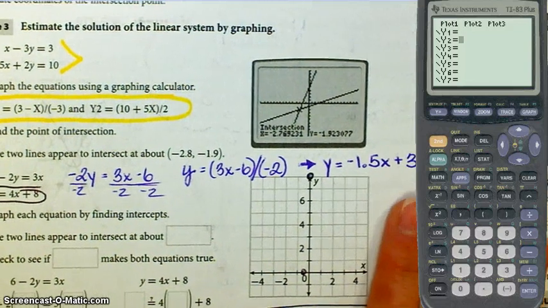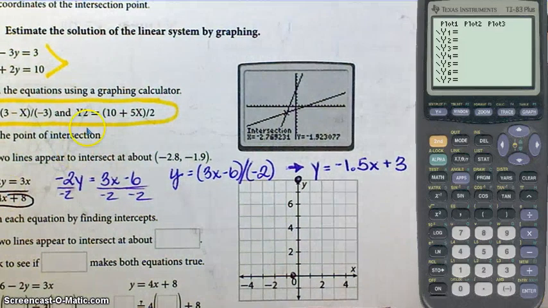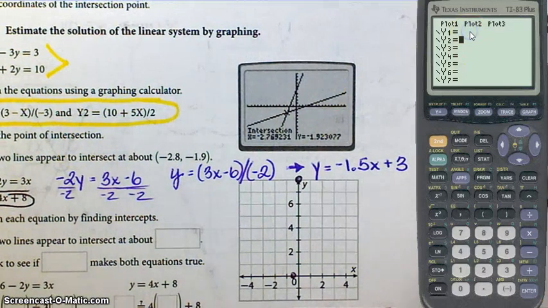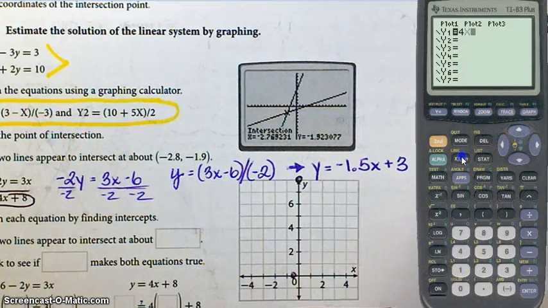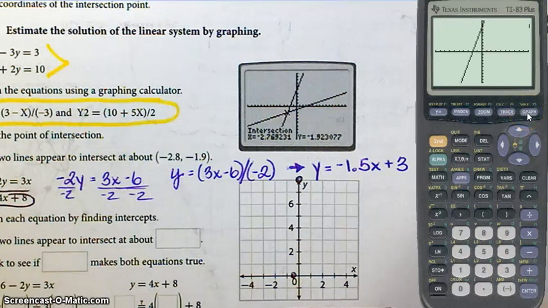Y is equal to 4x plus 8. 4x plus 8. The other one is negative 1.5x plus 3. Go to graph. And that's what you get this time. And you could do this by hand over here, but I'm not going to.